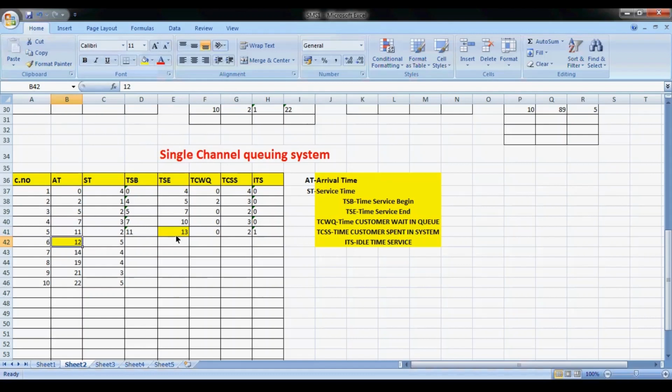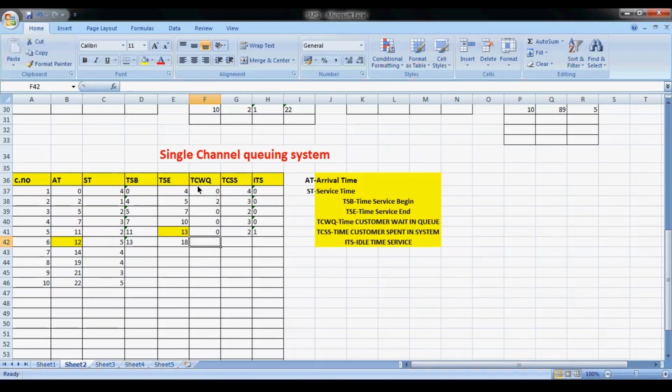Out of 12 and 13, the maximum value is 13. So time service begin is 13. So time service end is 13 plus 5, which gets 18. That is time service begin plus service time will give time service end 18.